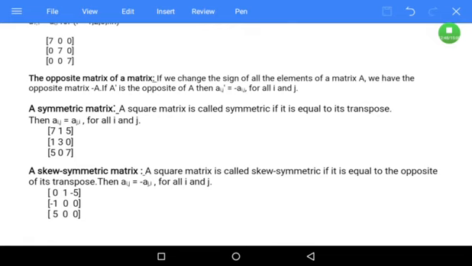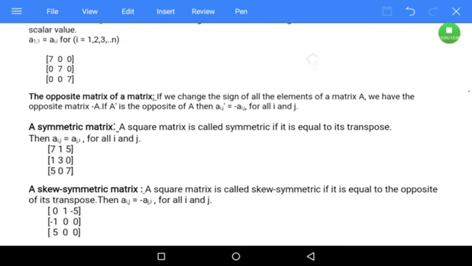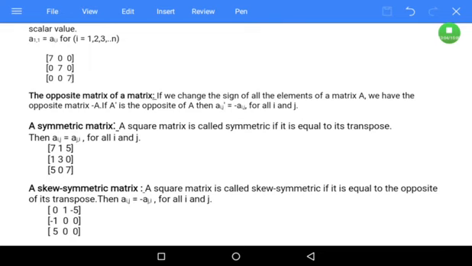So we also have what they call the opposite matrix of a matrix. If we change the sign of all the elements of a matrix A, we have the opposite matrix, minus A. If A prime is the opposite of A, then a'ij equals minus aij for all i and j. What do you mean? For instance, if we have a matrix whereby all the elements are positive, the opposite matrix will have the same elements, but with a different sign, which is negative, minus.